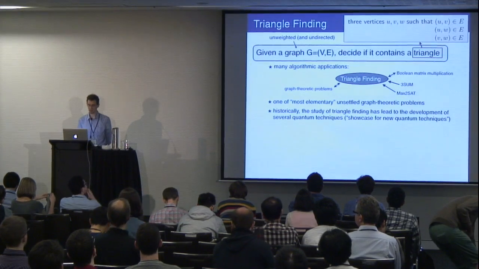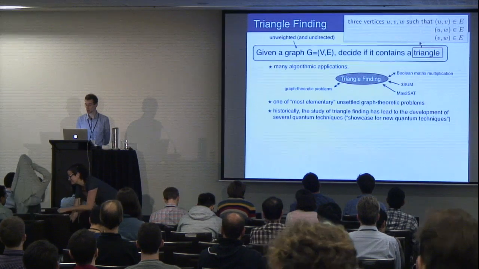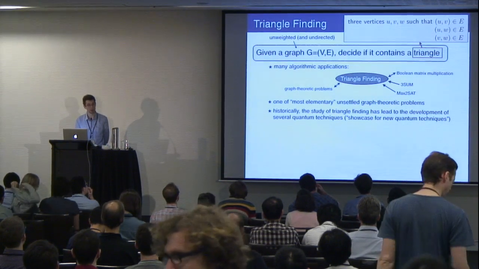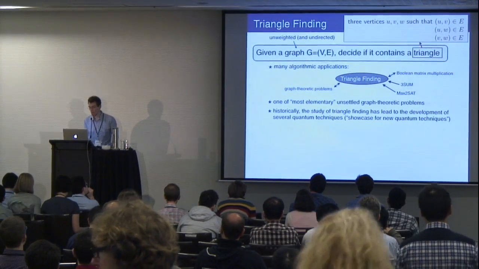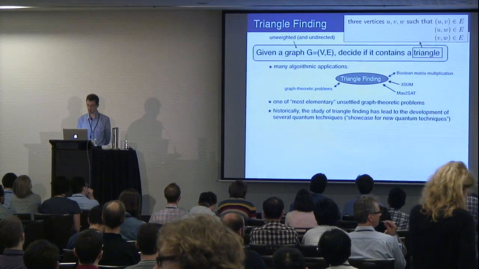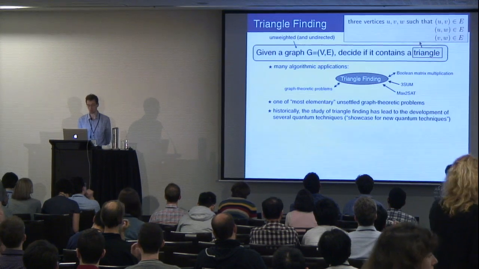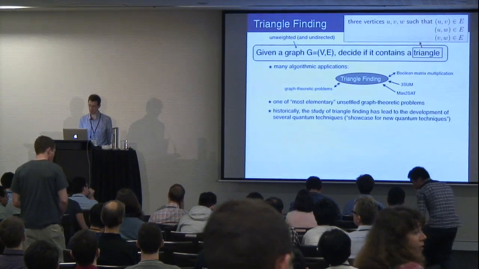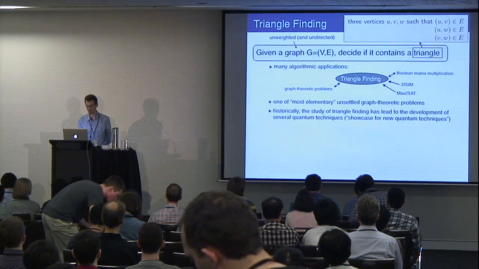A second reason is that triangle finding is one of the most elementary graph theoretic problems for which we don't know precisely the query complexity, especially in the quantum setting. And the third reason is that historically the study of triangle finding has led to the development of several quantum techniques, and indeed historically triangle finding has been a showcase for new quantum techniques.